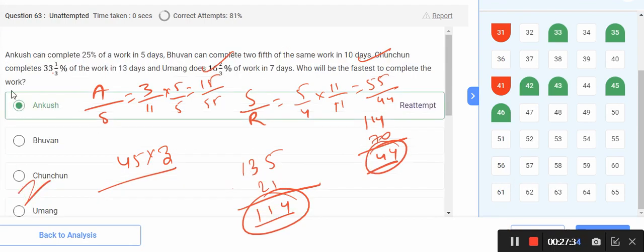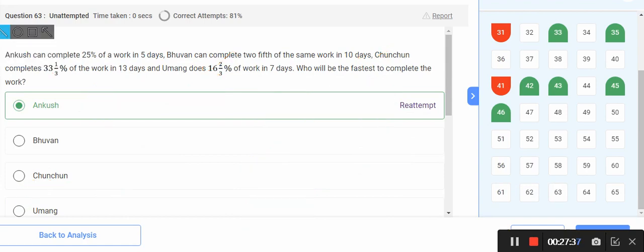Now let's solve this question. Ankush completes 25% of the work in 5 days, so 100% will be in 20 days, right? Okay.